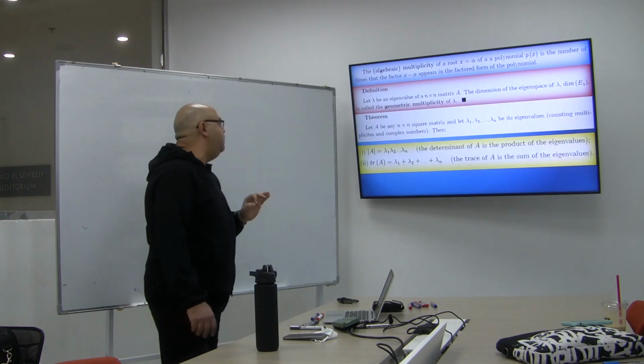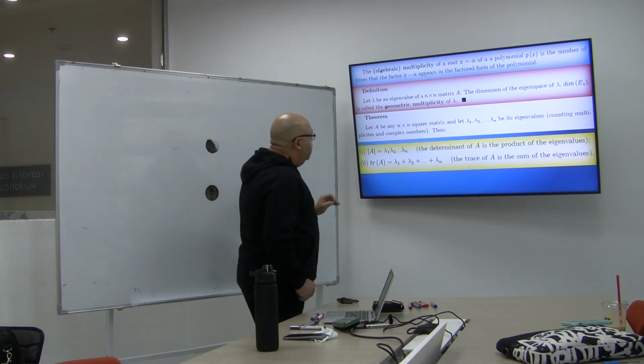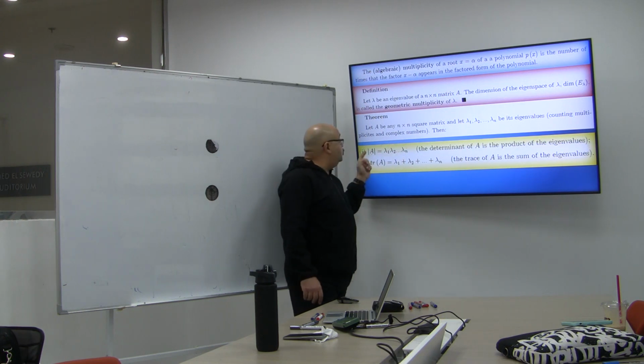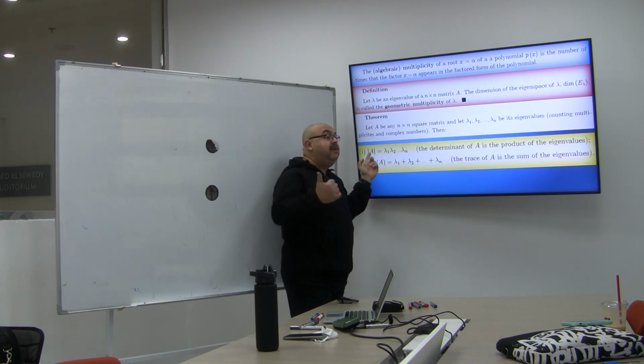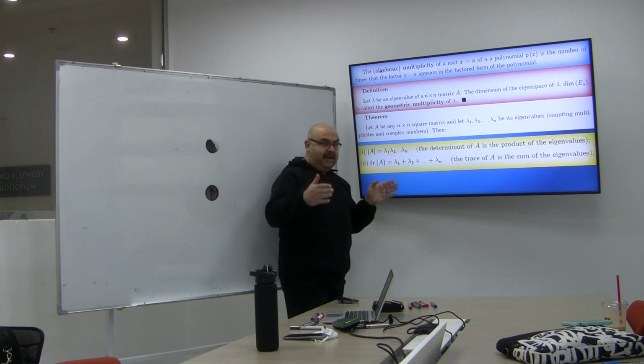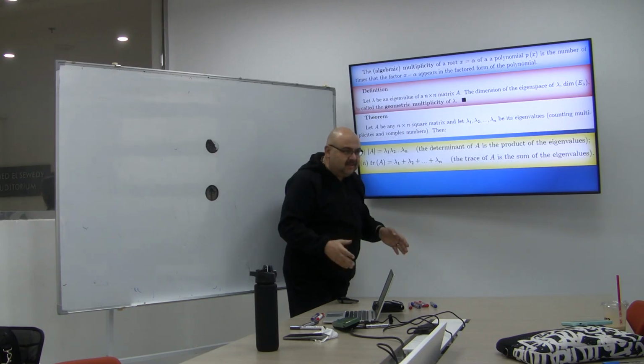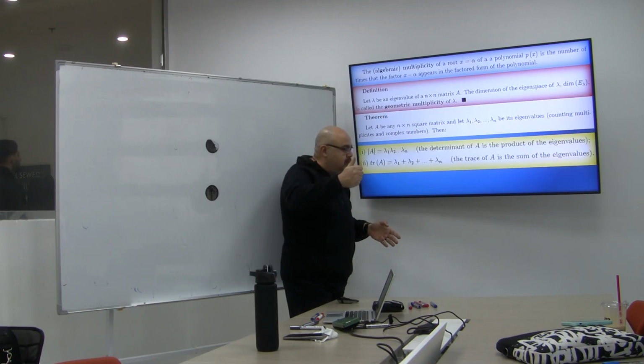The first of them is, remark, the multiplication of the eigenvalues will equal the value of the determinant of the matrix. So if I have a square matrix and we get the eigenvalues and multiply them together, it is equal to the value of the determinant. Are you with me? That's remark number 1.